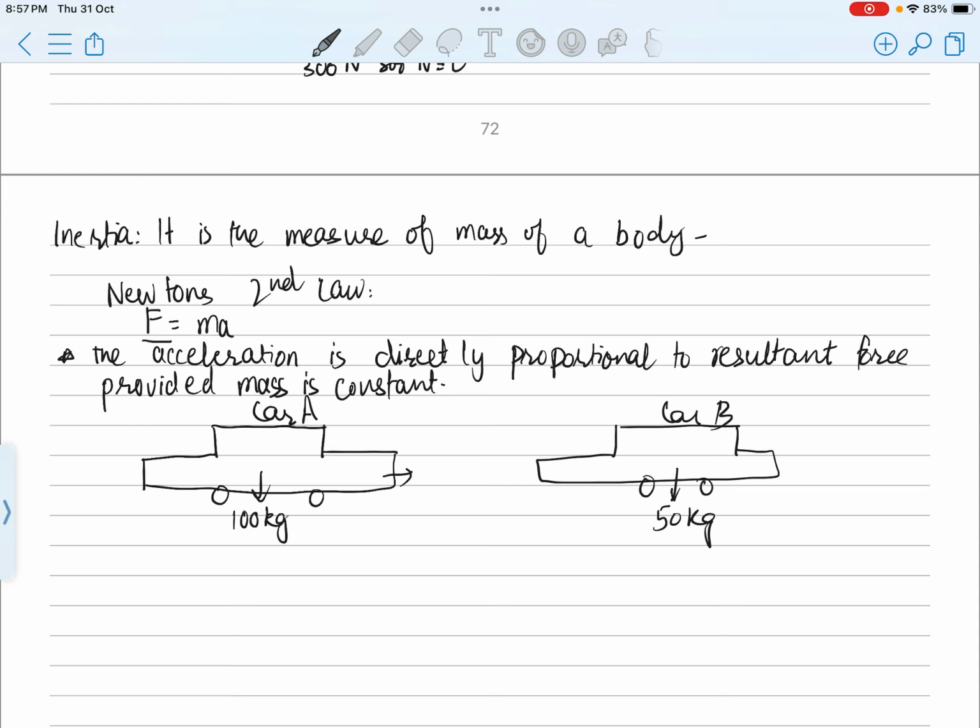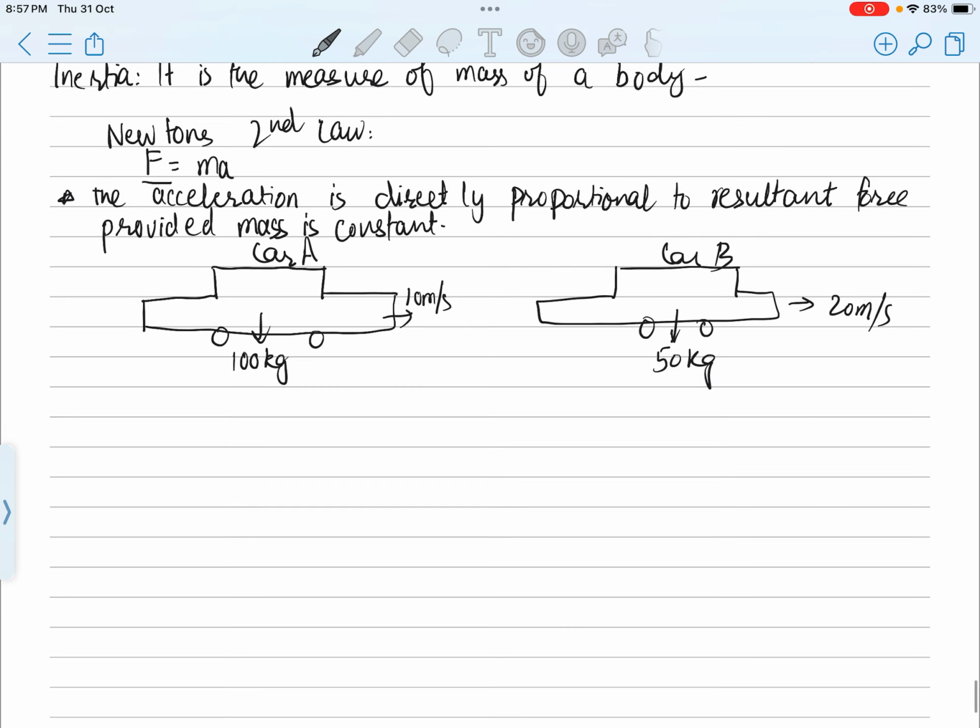Car A has a velocity of 10 meter per second, car B has a velocity of 20 meter per second. Now, through this we can derive why acceleration is inversely proportional to inertia or mass.